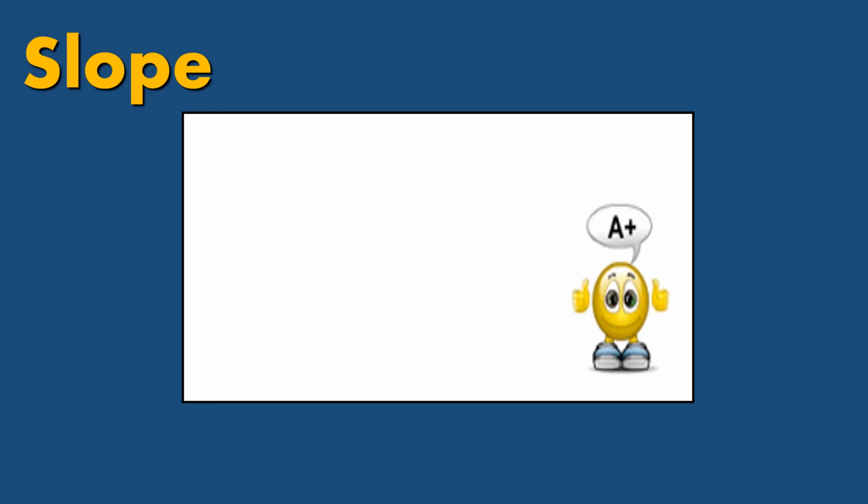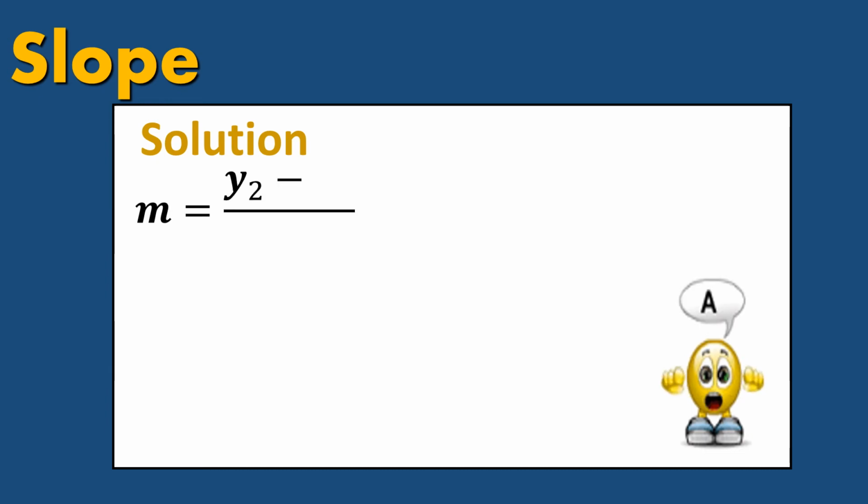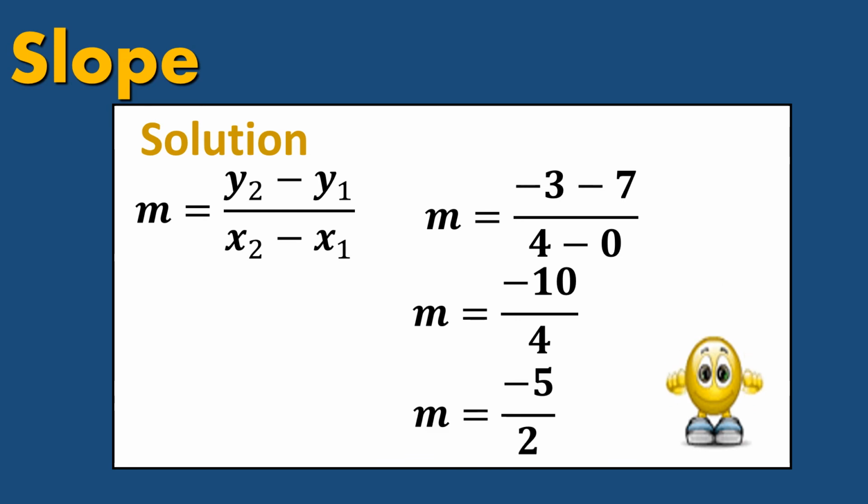This time, the slope is negative 5 over 2. So here's the solution. Again, we substitute it in the slope formula. Thus, we arrive with negative 3 minus 7 all over 4 minus 0. To simplify it further, we will get negative 10 over 4. Then we reduce it. Thus, the final answer is negative 5 over 2.